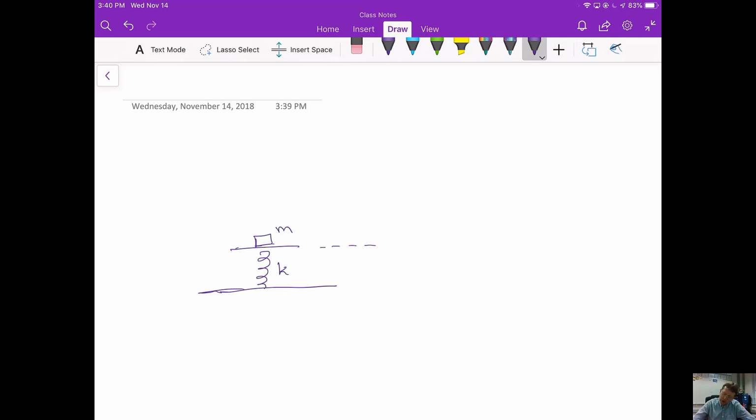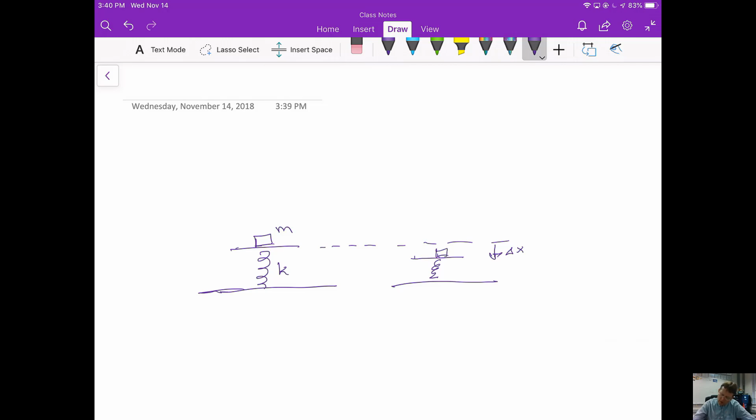And we want to shoot this object, so we're going to compress the spring, like a spring-loaded Nerf dart gun. We compress it some distance delta x from equilibrium, so that when we let go, the object is going to be shot upwards.